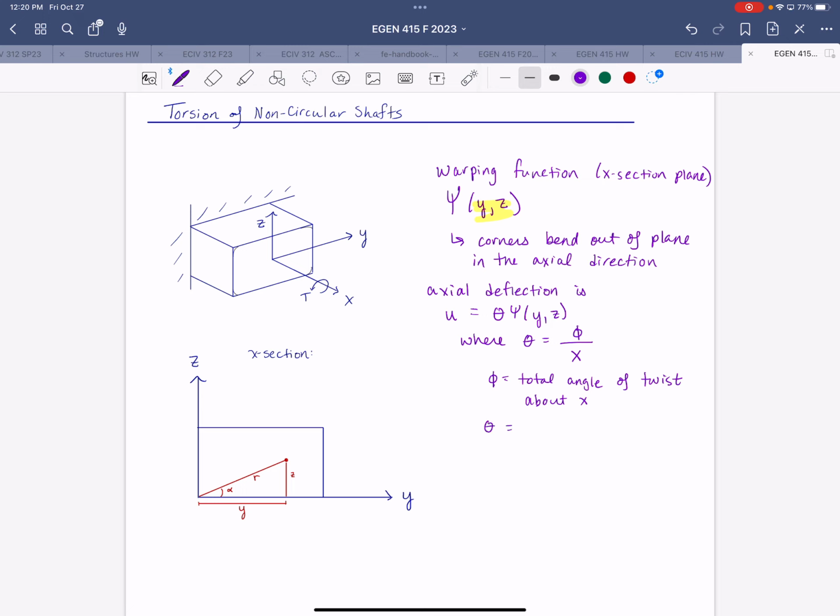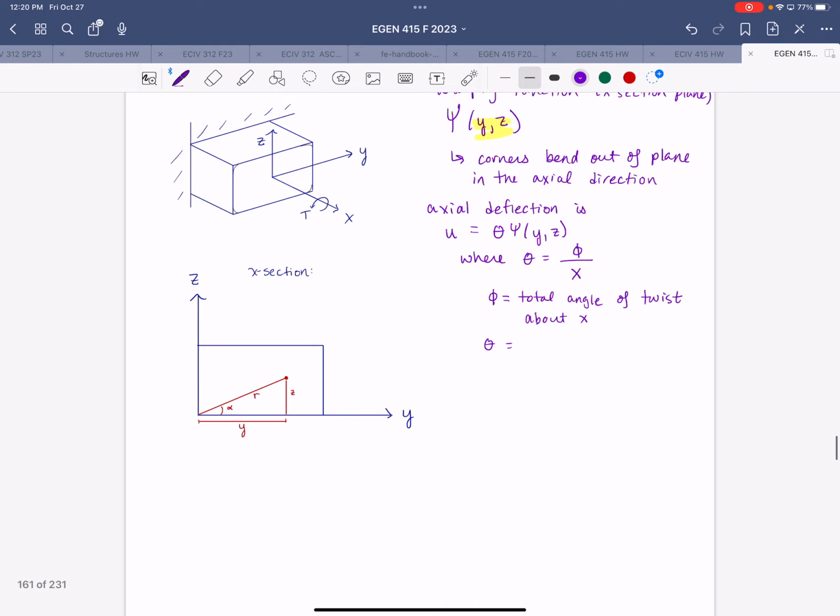So theta effectively represents the angle of twist per unit length of the element, also in the x direction. Now you can also think of it as the rate of twist.